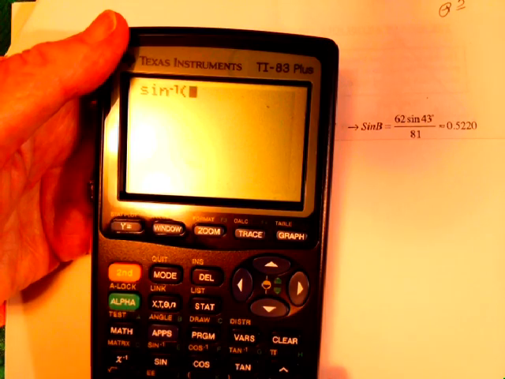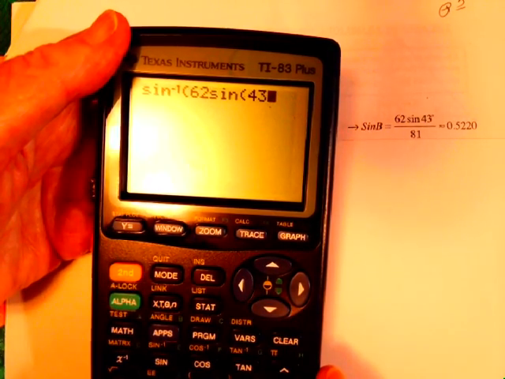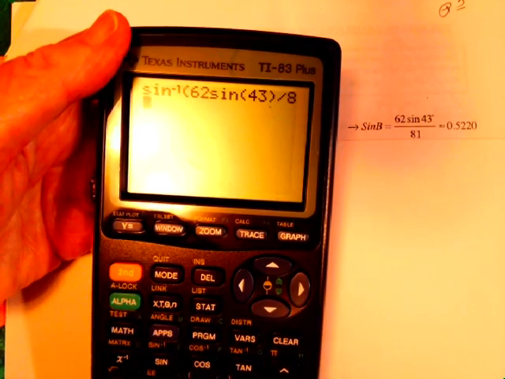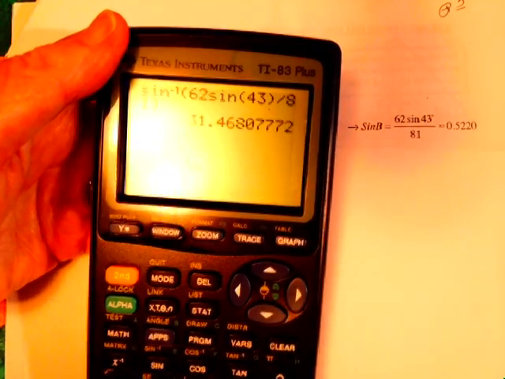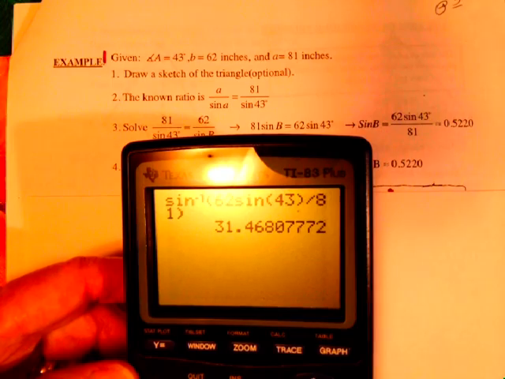You're going to do 62 sine of 43, close parentheses, divided by 81, close parentheses, and you should get 31 degrees. We're just going to round that off to 31 degrees.